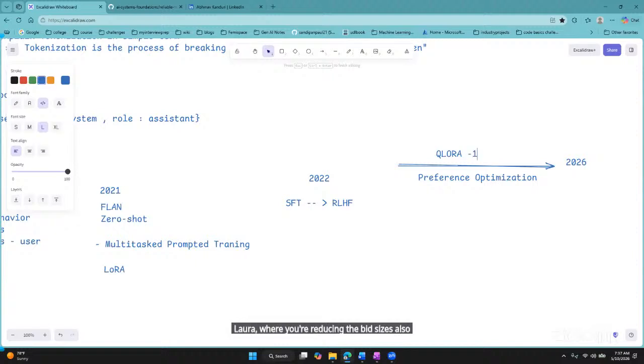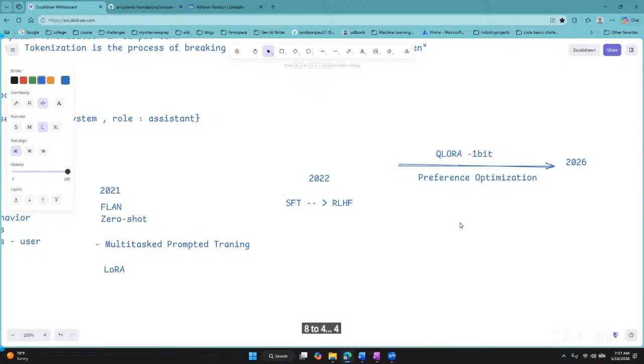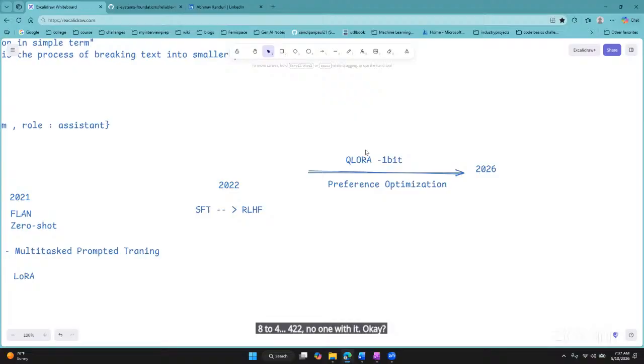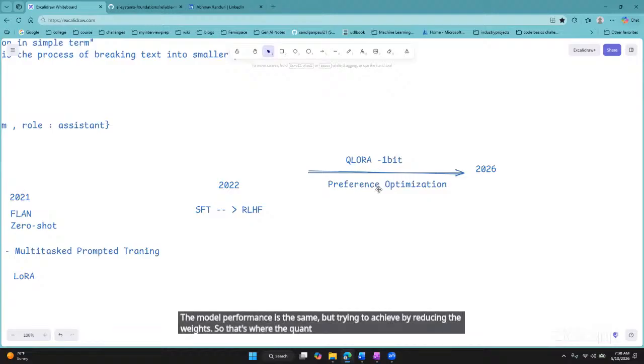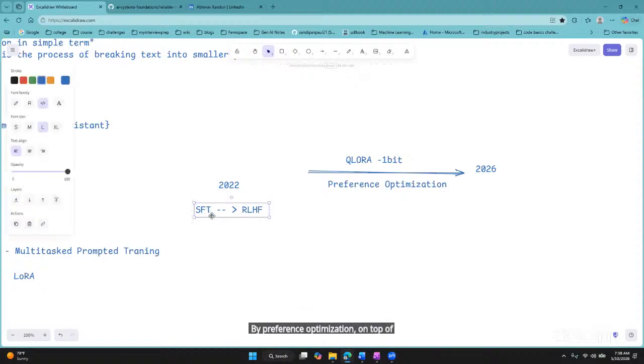Today almost 1-bit quantization is being achieved: from 64 bit to 32, 32 to 16, 16 to 8, 8 to 4, 4 to 2, now 1 bit. The model performance is the same, but it is achieved by reducing the weights. That is where quantization came into the picture, and it helps the model perform better with preference optimization on top of supervised fine-tuning.